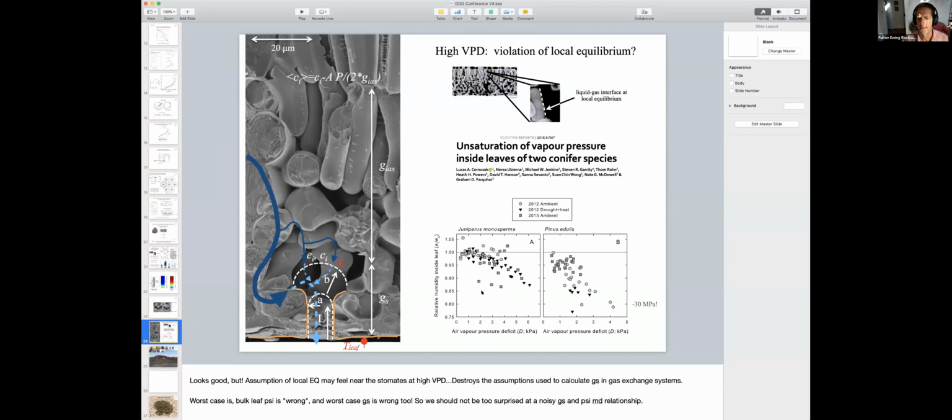Some of their data for these gymnosperms, conifers, indicates relative humidities inside the leaf of as low as 80%. That's minus 30 megapascal. This is impossible unless you're getting some kind of crust forming inside the leaf or something. So something's going on here. We don't know, but stay tuned on that front as far as leaves go.